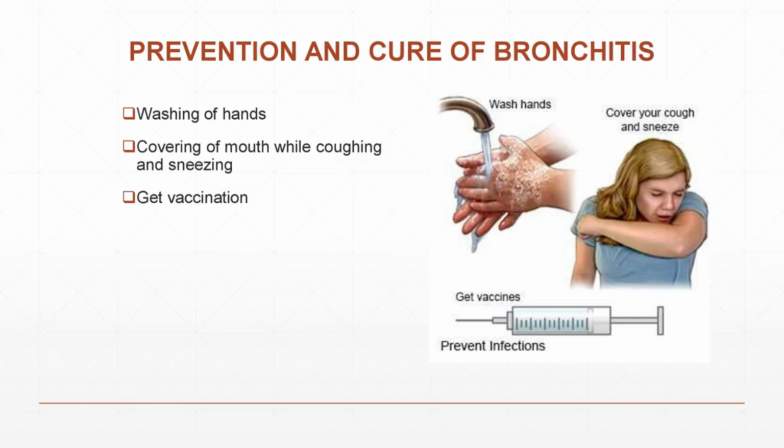So, if we talk about the prevention and cure of bronchitis, washing of hands is a must. Your child should wash his or her hands often with soap and water, and remind your child not to touch his or her eyes, nose, or mouth unless he or she has washed hands first.